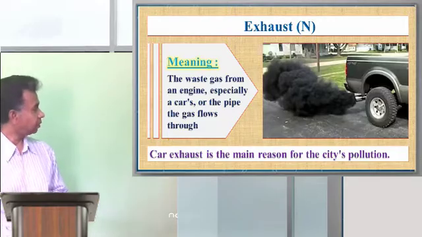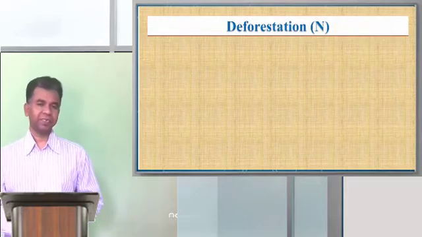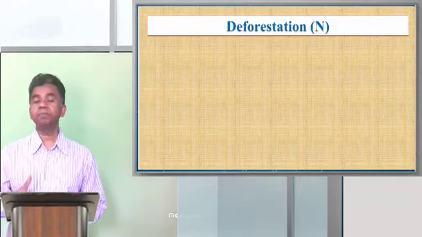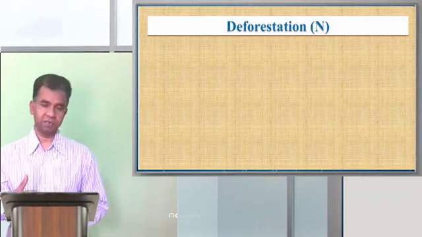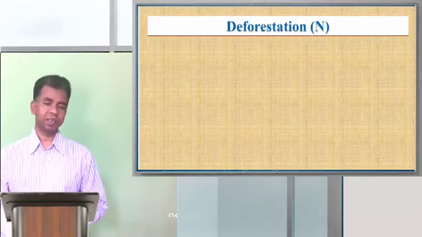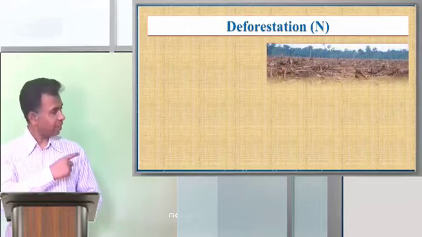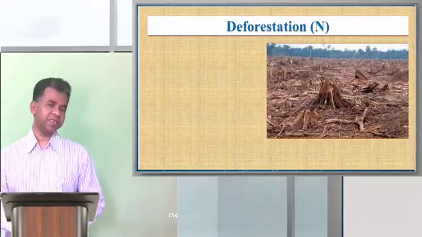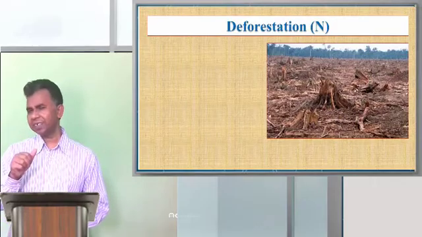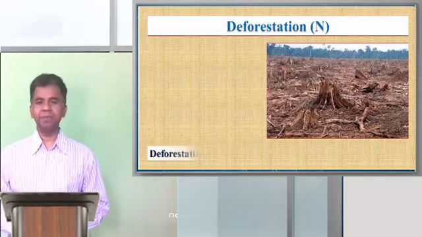Next one. Deforestation. Pronounce with me. Deforestation. Deforestation. Okay. Look at the picture. Can you guess what is the meaning of deforestation? I think you can guess. Okay. I give you a sentence.